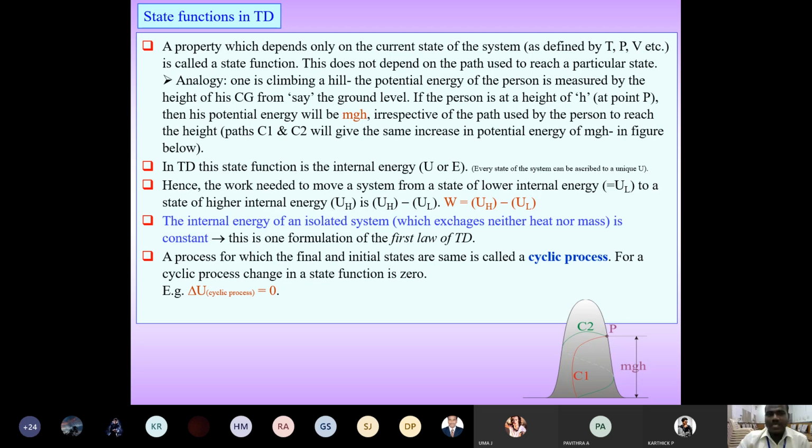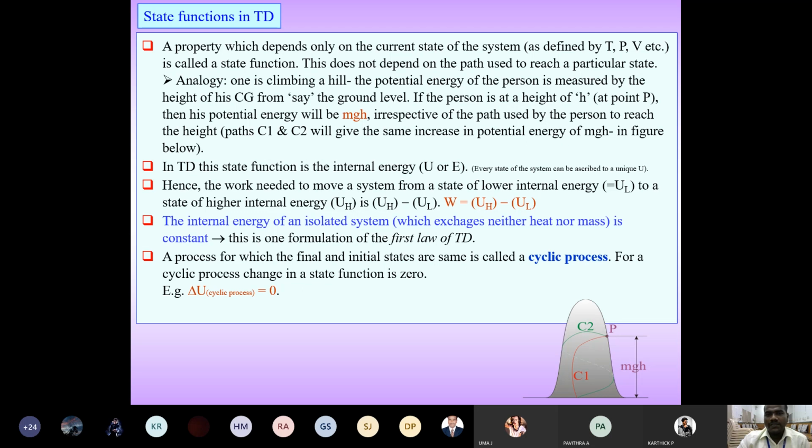This does not depend on the path used to reach the particular state. We can have different paths, but it won't depend on the path. So state functions won't depend on the path. Here we have an analogy. One is climbing a hill. Assume the figure below.